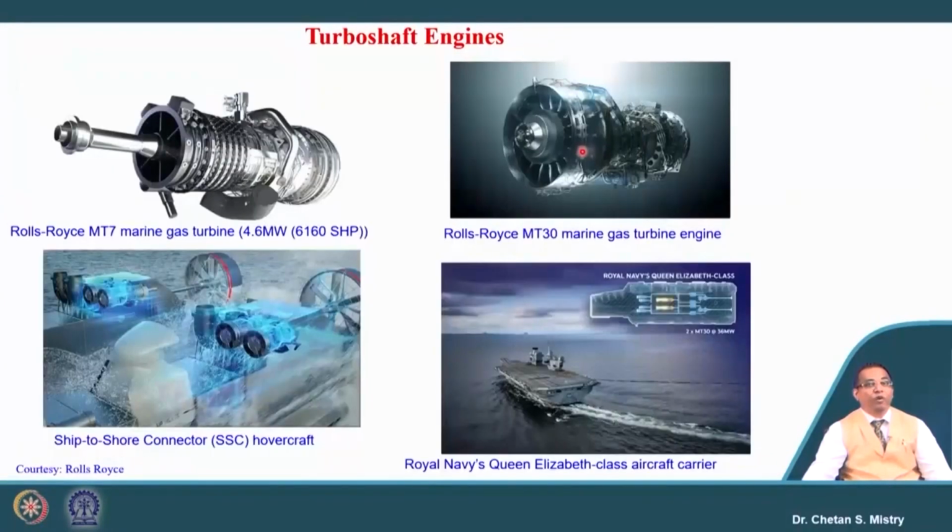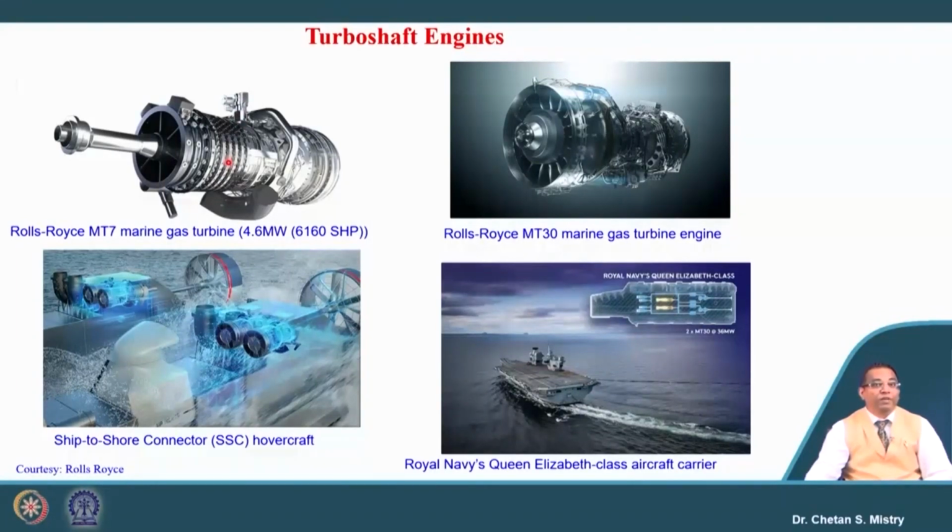Let us see what the other applications of this turboshaft engine are. You can imagine that what we are discussing now is not related to thrust, it is mainly related to power. So, people found applications for this turboshaft engine. Here, if we look, this represents the Rolls-Royce MT7 marine engine.